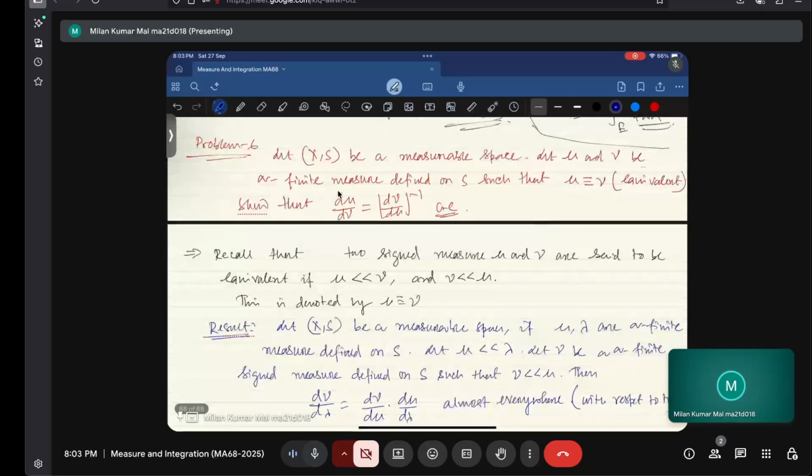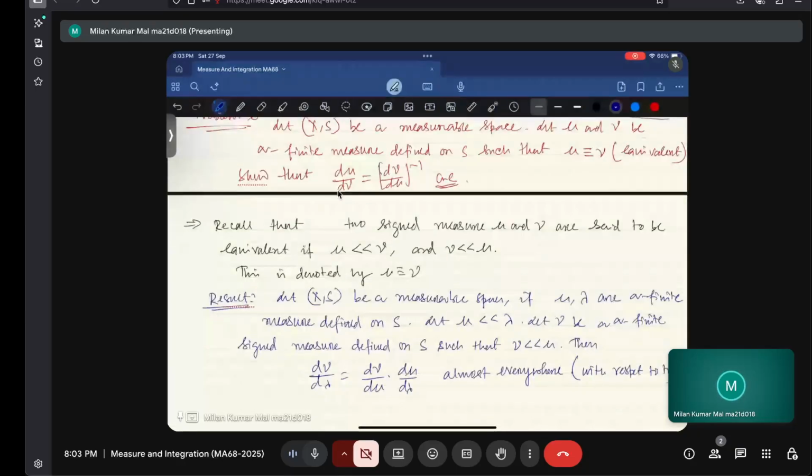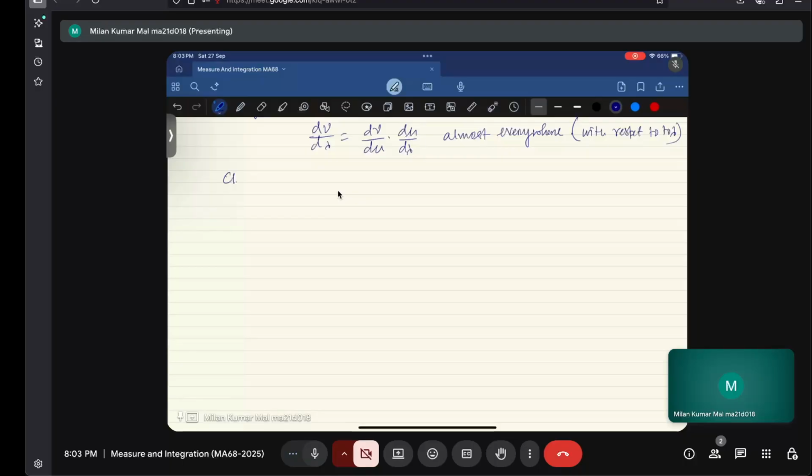So clearly, if mu is less than or equal to nu, then if f is the Radon-Nikodym derivative, d mu with respect to d nu.